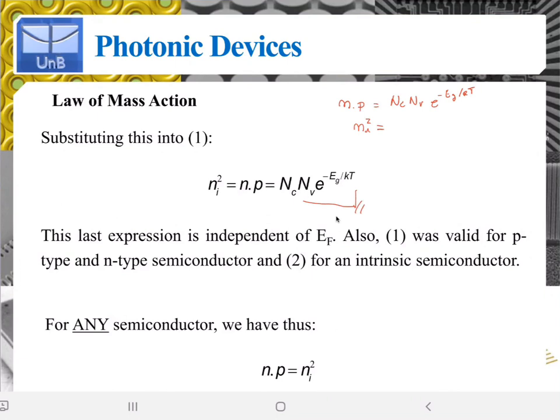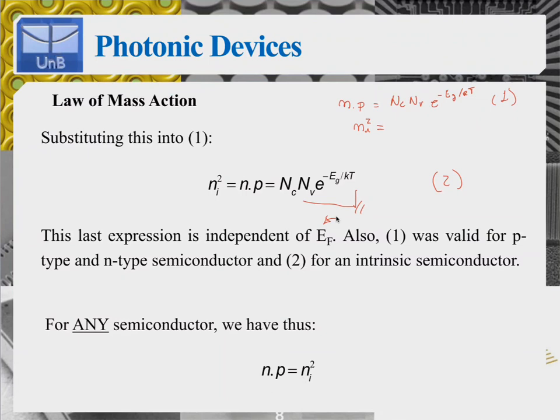Now, we have to notice that this expression is independent of the Fermi level. It's not dependent on EF. And therefore, Ni squared is going to be independent of EF. Also, expression number 1 was valid for a P-type and N-type semiconductor. And expression 2, which is this, is valid for an intrinsic material. So, since these two things are the same, then we can conclude that for any semiconductor, we must have N times P equal to Ni squared.